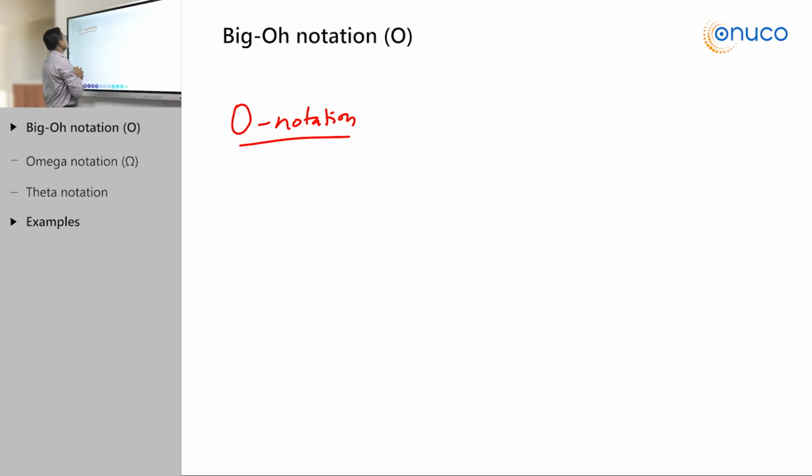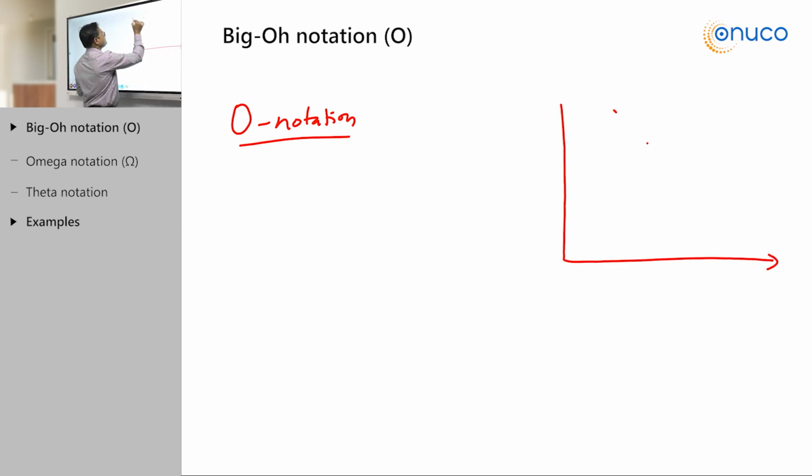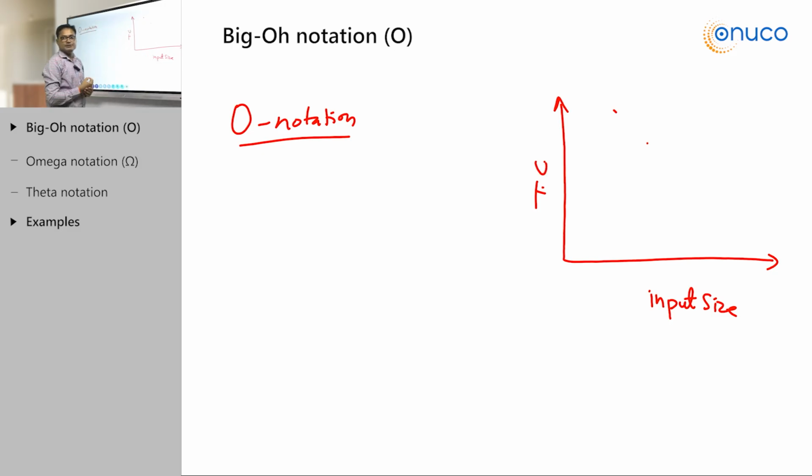So let us first discuss what is big omega. It will be better to discuss with an example and graph. Let us see, this is the x axis, we are talking about input size. The y axis is time complexity.